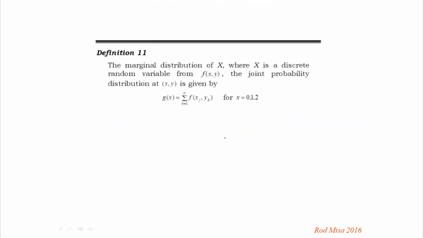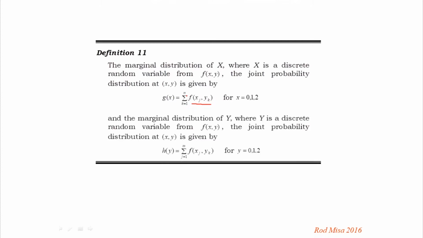Now, let's proceed to our definition 11. The marginal distribution of x, where x is a discrete random variable from the joint probability mass function of f of x and y, is given by g of x, which is the sum of all probability values of x sub j adding across all y's from 1 to n.